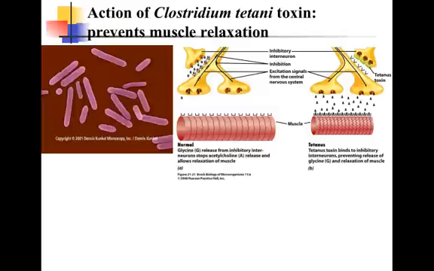What the tetanus toxin does is it blocks signals between the inhibitory neuron here and the excitatory neuron here, such that once a signal for excitation or contraction of muscle is released, that signal continues until the muscle either fails or the nerve cell runs out of excitatory signals, so it runs out of acetylcholine.